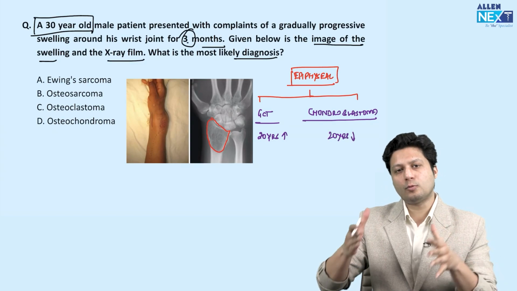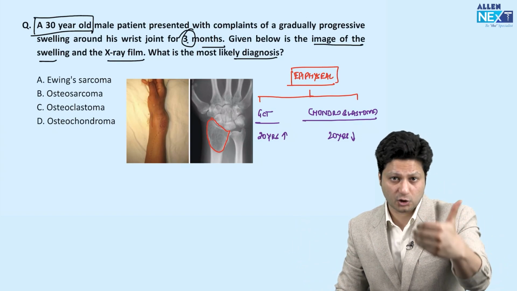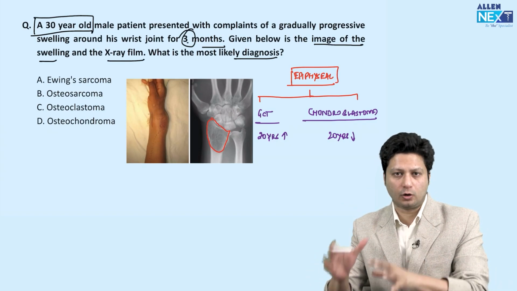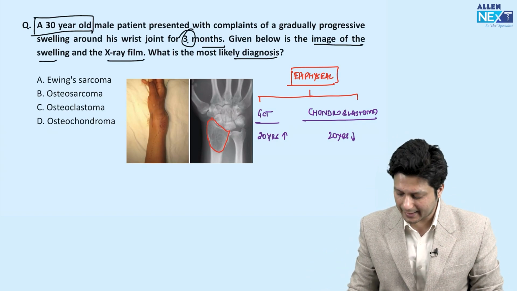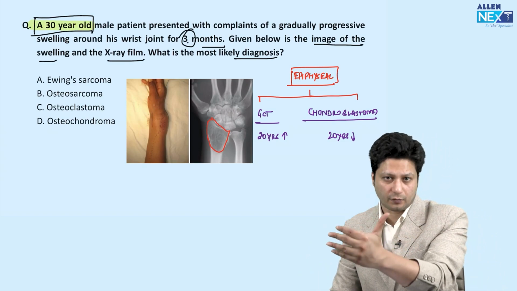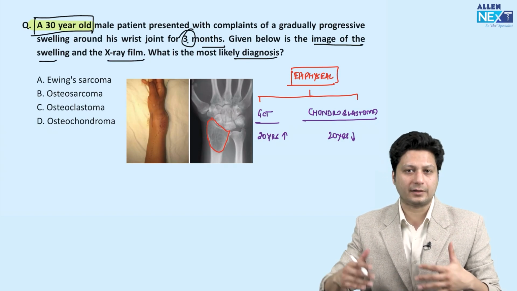That means it is the tumor of the second decade of life, while GCT is the tumor of the skeletally mature individual. So what you have to additionally look for in this particular question is the age. The age provided is 30 years, that is more than 20 years of age. Second, the confirmation of this has to be done by looking at the X-rays.